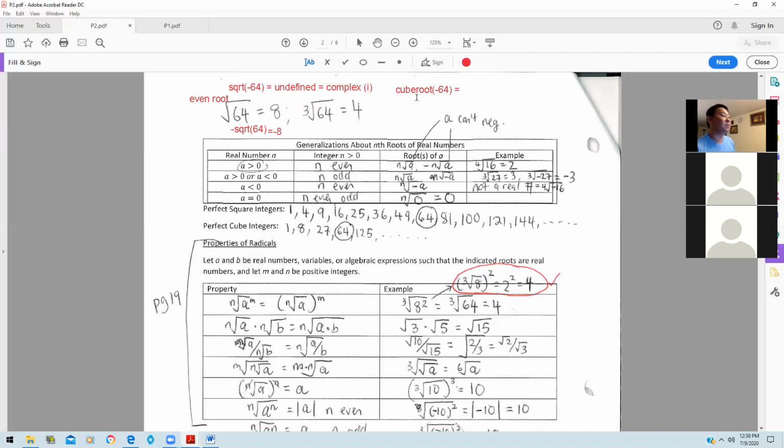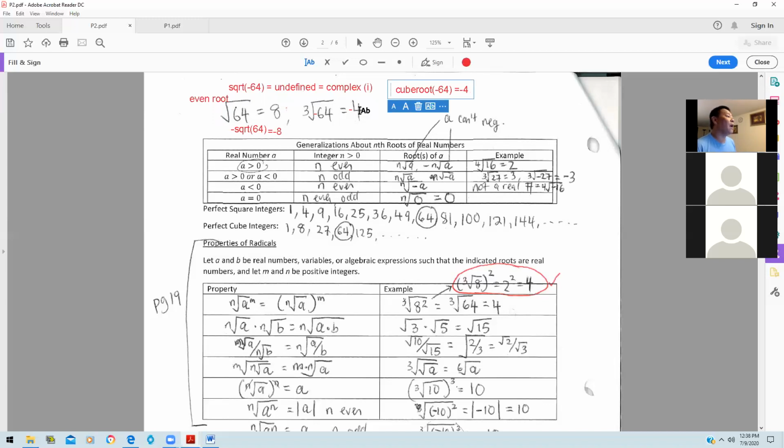What do you guys think? Is that undefined, or do we have an answer? Yes, Zach is correct. This number stays at negative 4. So when you have a cube root of negative 64, this stays at negative 4 in this case.